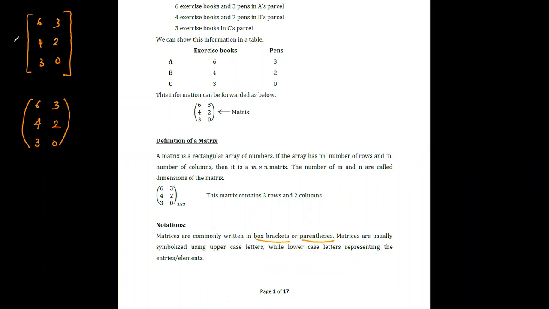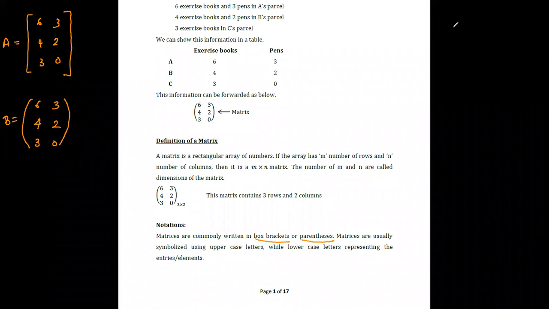And generally, matrices are symbolized using uppercase letters. Therefore, we can use English uppercase letters, such as A equals 6, 3, 4, 2, 3, 0. Here, B equals 6, 3, 4, 2, 3, 0.